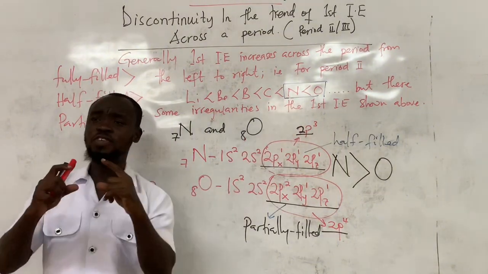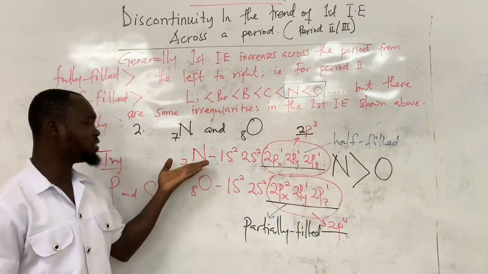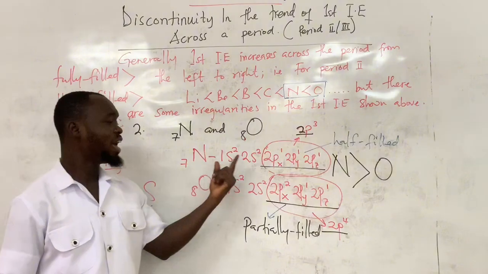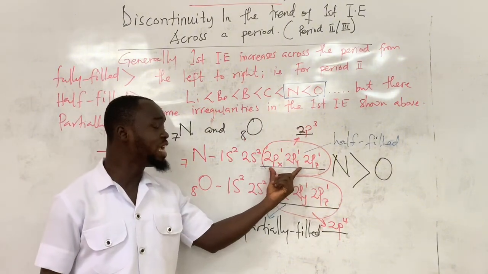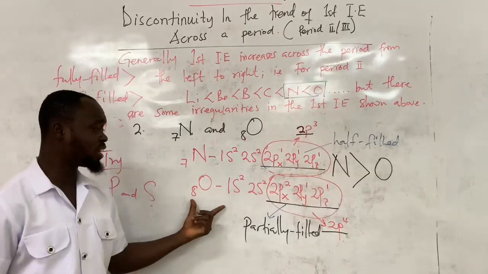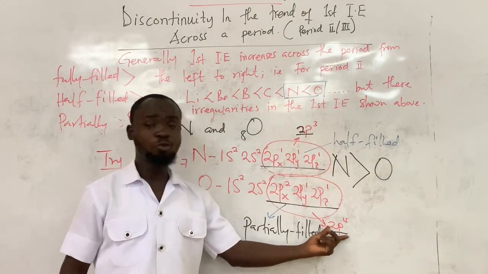But once you consider the electron arrangement in the orbitals of both nitrogen and oxygen, we could see that nitrogen has a half-filled electron arrangement in the last orbital, the 2p, and oxygen has a partially filled electron arrangement in the 2p.